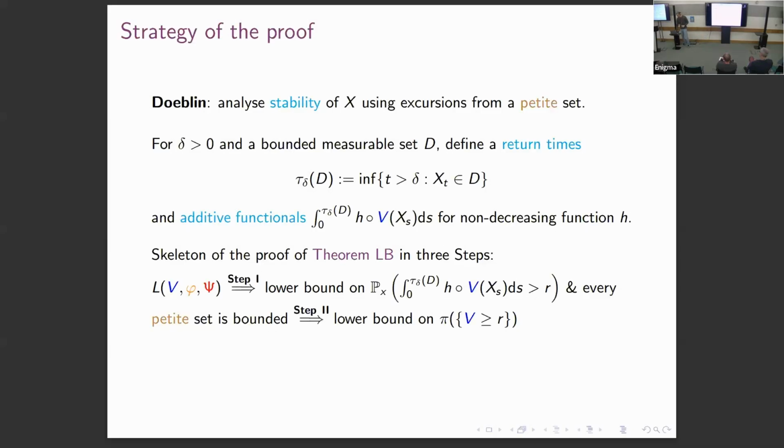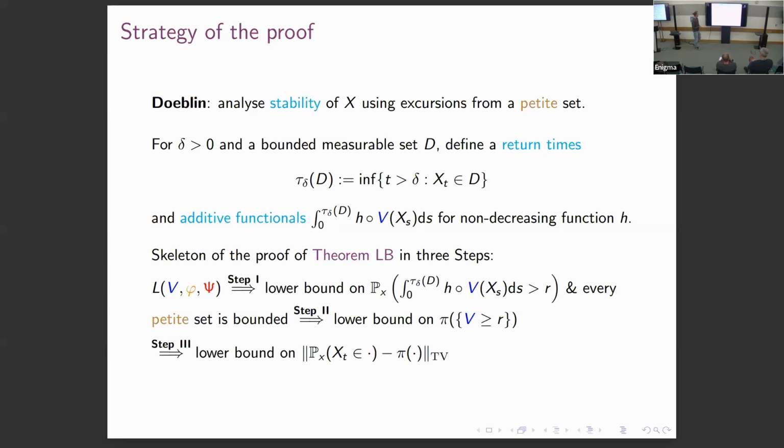And then in step 2, one uses Doeblin's ideas that everything about the invariant measure is captured in excursions from a Petit set to go from these estimates of the excursion to the lower bound on the invariant measure. And in the last step, we use ideas that the lower bound on the total variation is captured in the tails, to get the lower bound on total variation, and in general, f-variation.